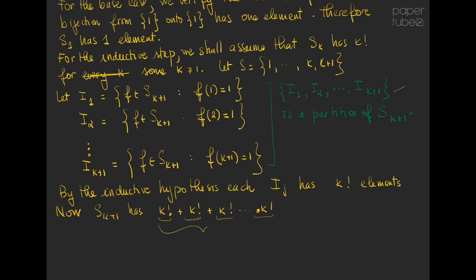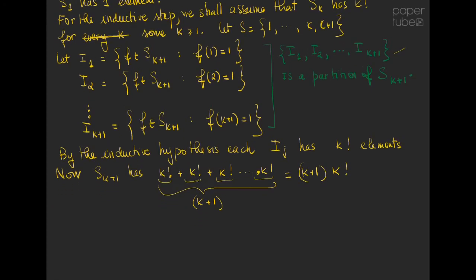So here we have k plus 1 many addends. So this will amount to k plus 1 times k factorial. Now, if you work this out, this is precisely k plus 1, and k factorial is k times k minus 1, times k minus 2, and so on all the way till 1. And this is precisely k plus 1 factorial.